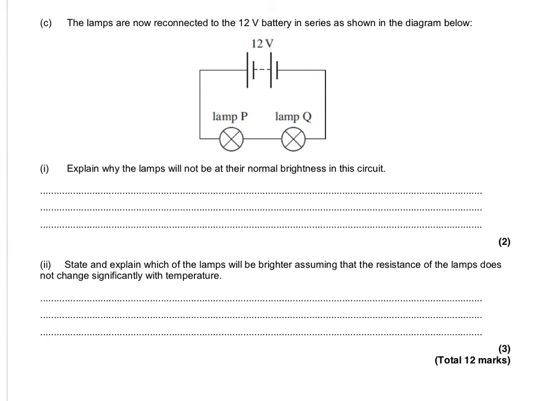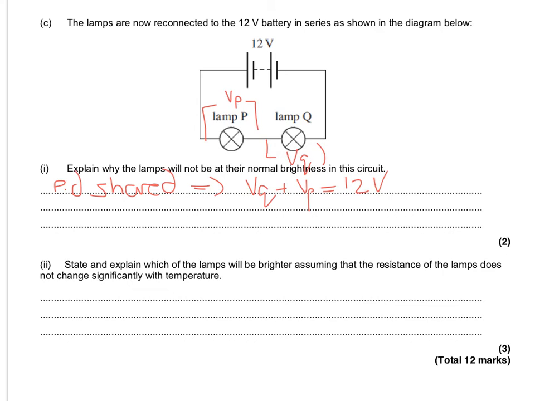The first thing to remember is that using Kirchhoff's series voltage law, the potential difference is now going to be shared across P and Q. If we call this one VP and this one VQ, then VQ plus VP must be equal to 12 volts. That's what Kirchhoff's series voltage law tells you.